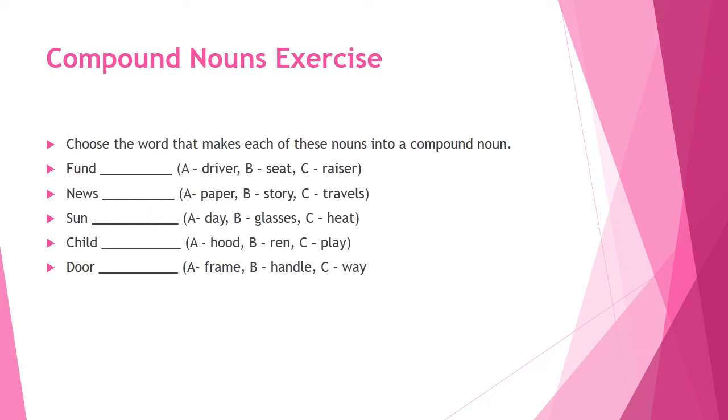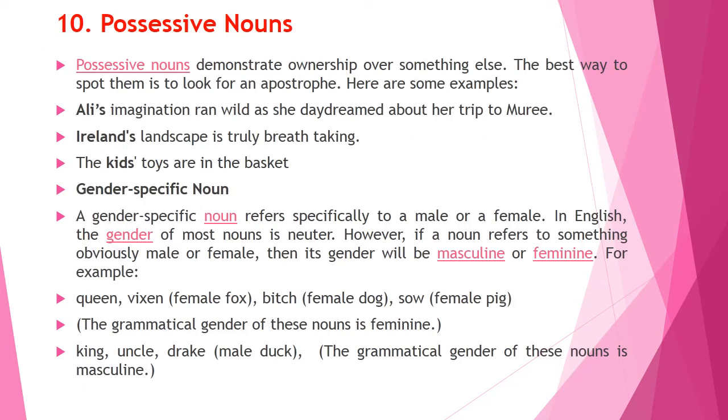So I think fundraiser would be an appropriate word in order to form a compound noun. Similarly, newspaper would be an appropriate word. Sunglasses, and childhood, doorhandle. So in this way we can form compound nouns.